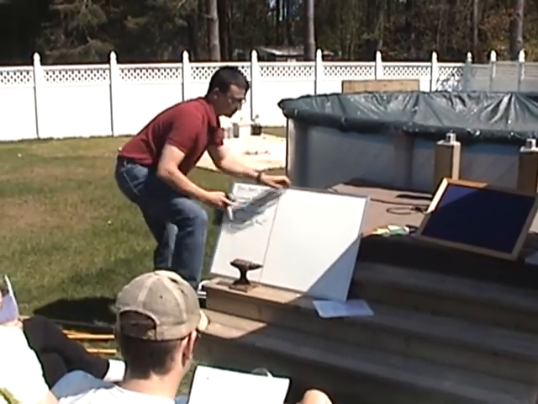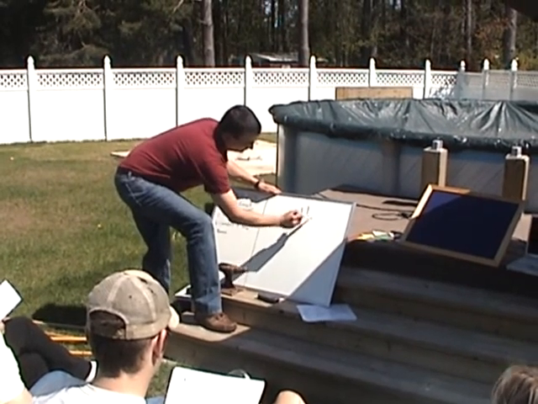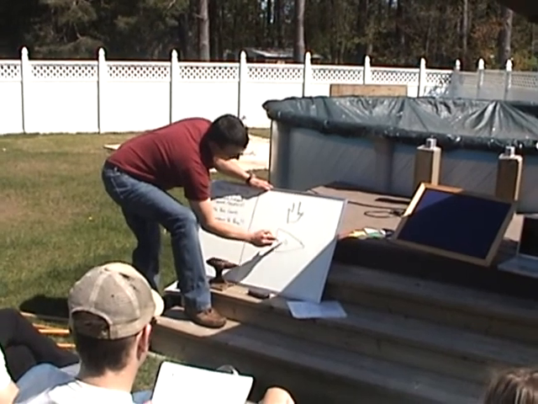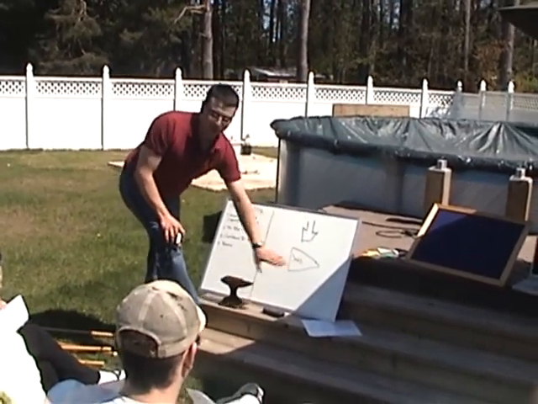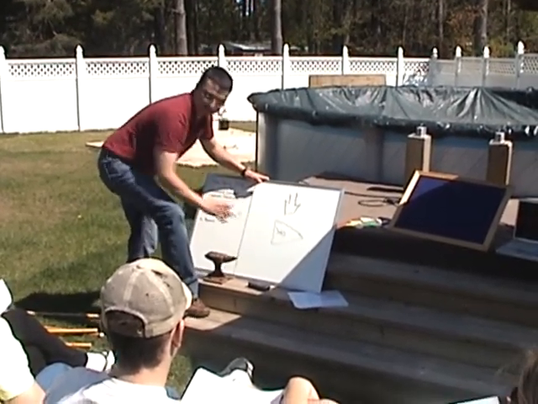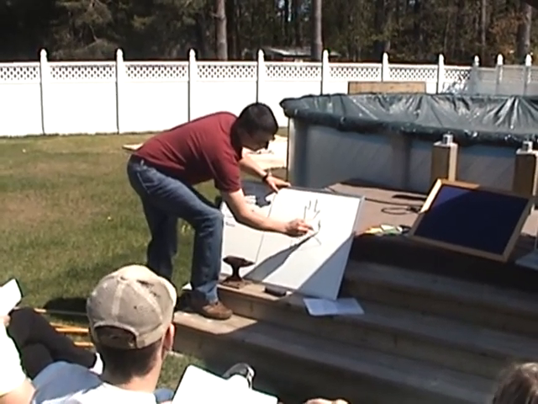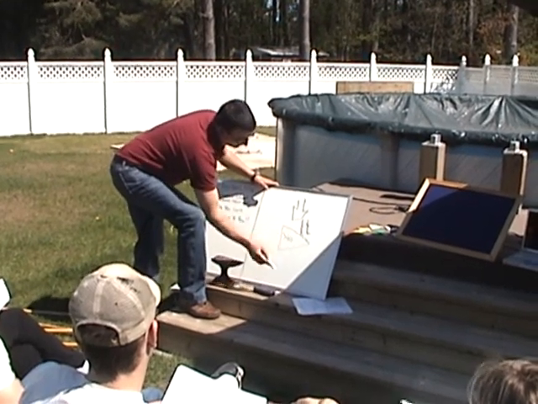So if we can imagine ourselves on the water, say we have the wind coming in this direction, and here's our sailboat, and we're standing on the sailboat, we can describe how the wind is hitting the sailboat in relation to us. So the wind that hits the side of the sailboat first is called the windward side, or the upwind side. It's the same word, just on the water we use a different terminology.